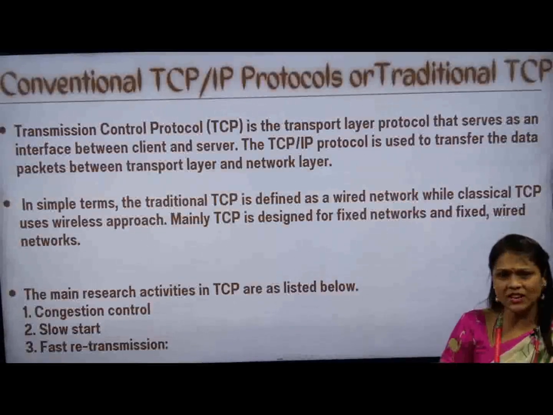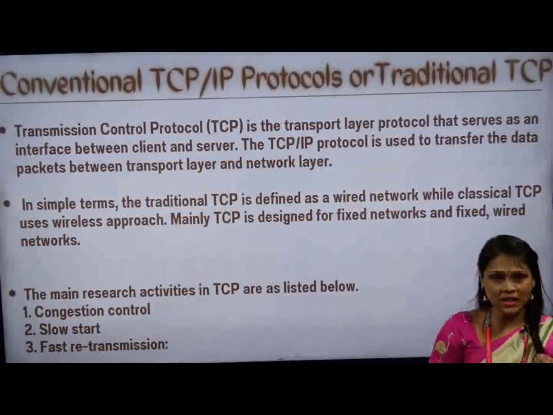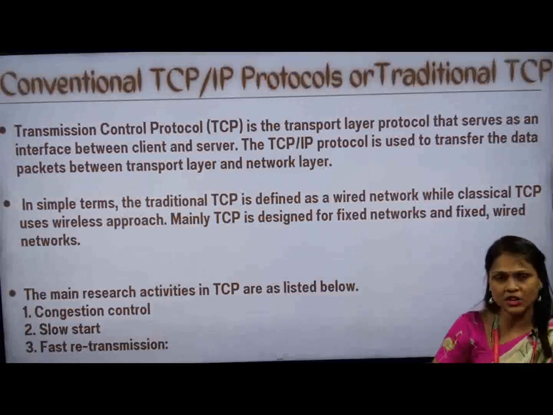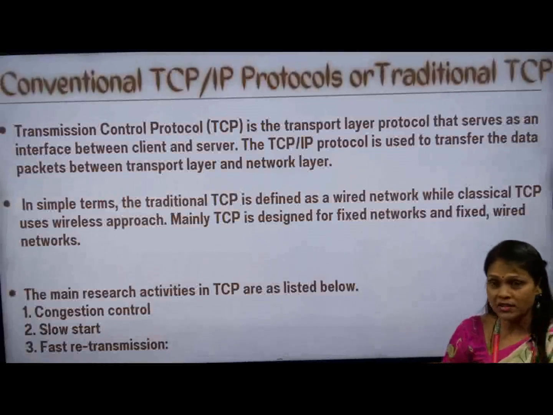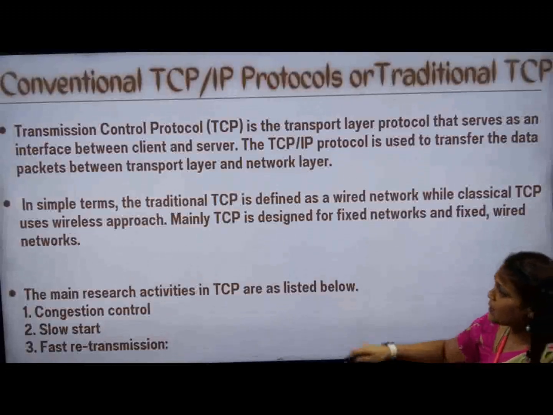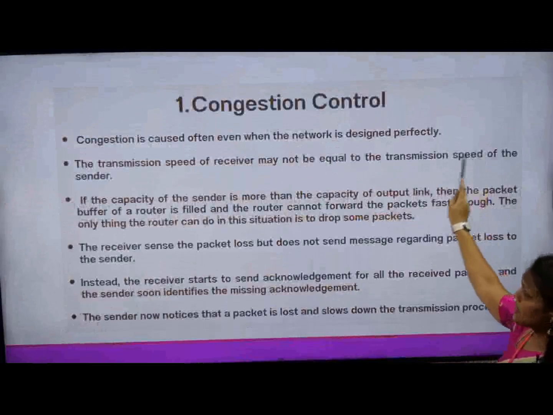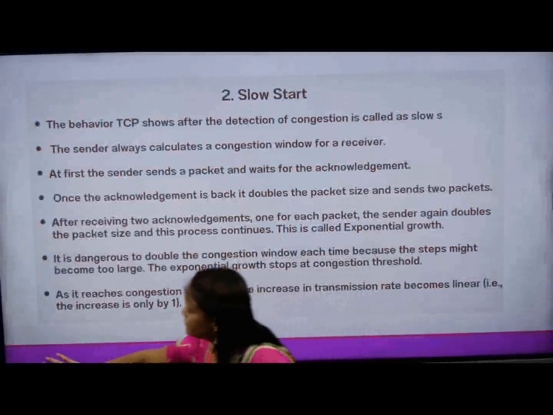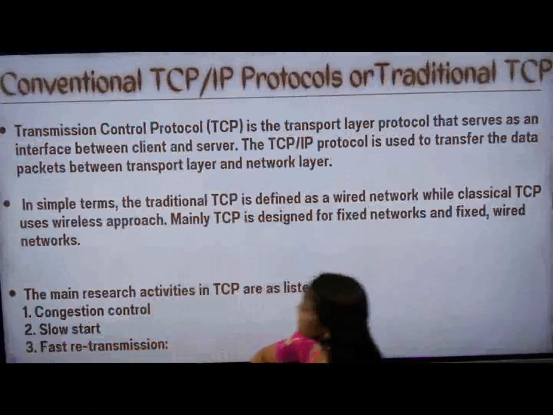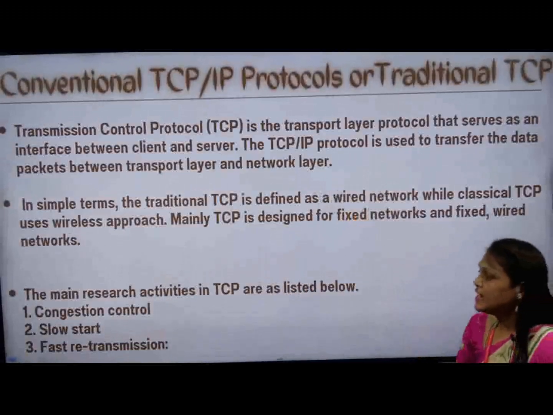As we have seen, it is used to divide the data into packets and send from one layer to the other. And which two layers are used here to transfer the data? The TCP protocol is used to transfer the data packets between the transport layer and the network layer.